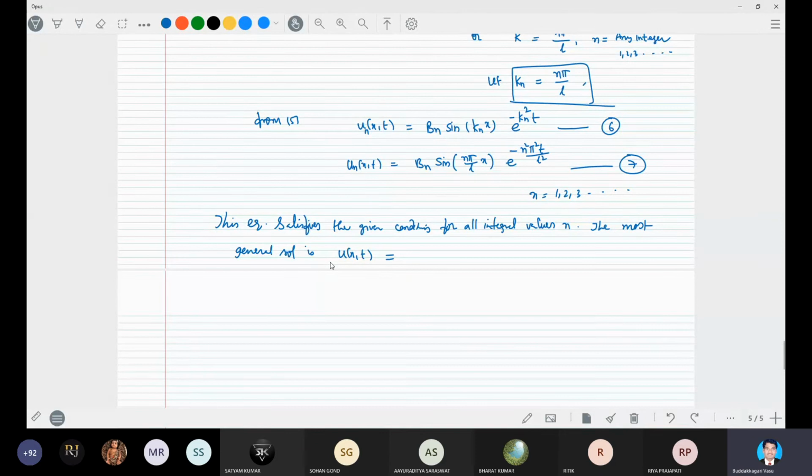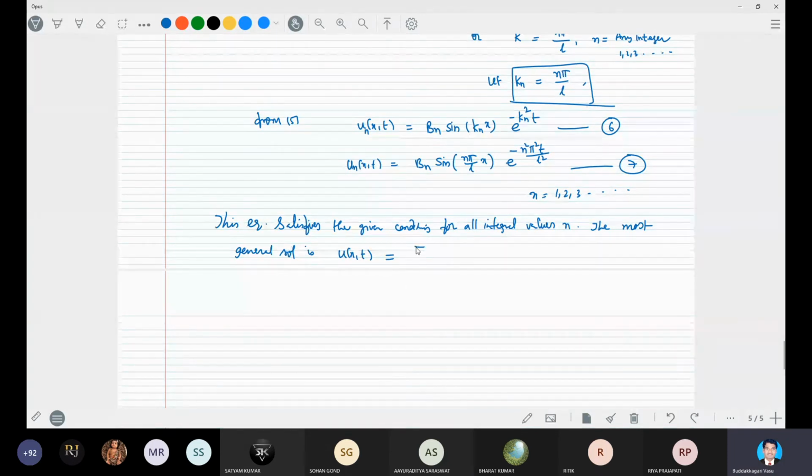Apply the superposition principle. What is the superposition principle? If it has infinite solutions u1, u2, u3, and so on, then the most general solution is their linear combination, right? What is the linear combination?